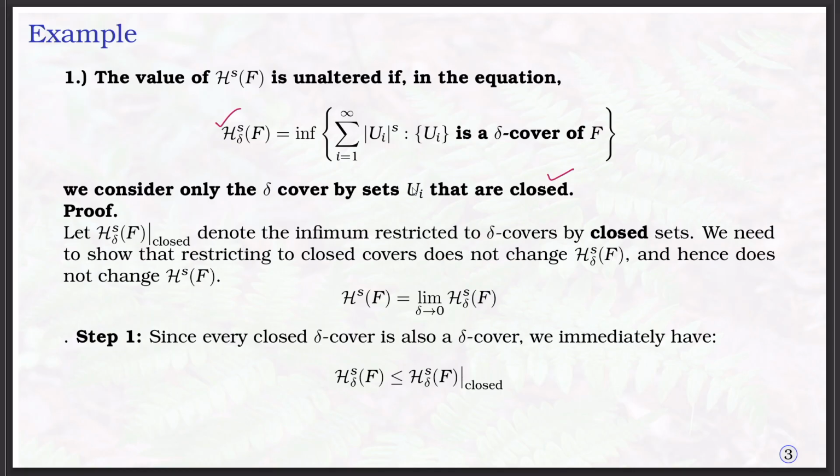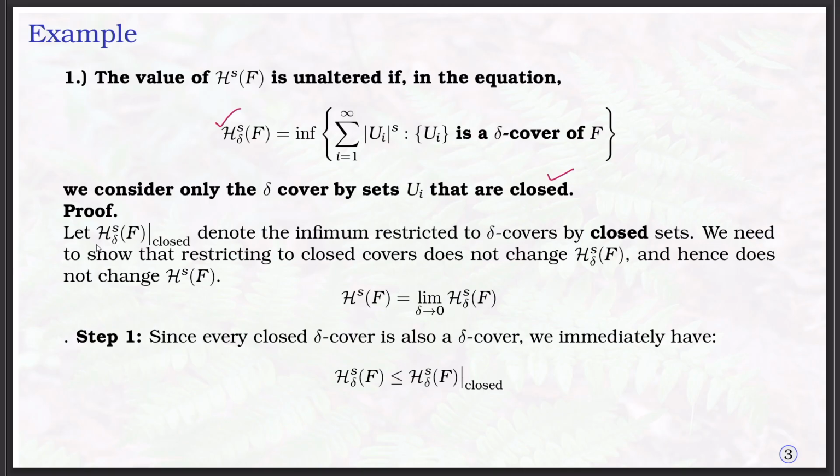If you take the ui as a closed cover, this value does not change, and that we are going to prove. The value of Hs of F is unaltered if we consider only the delta cover by sets ui that are closed.